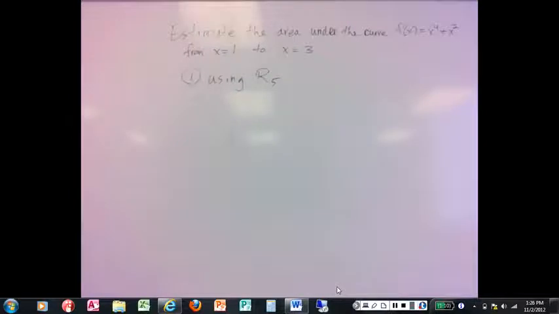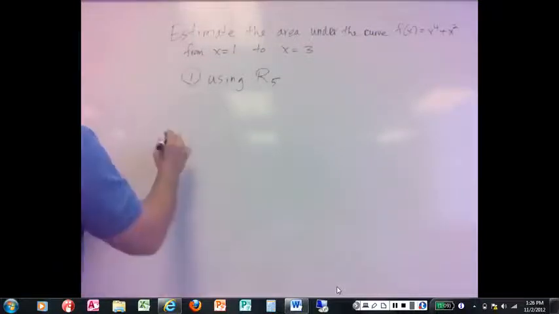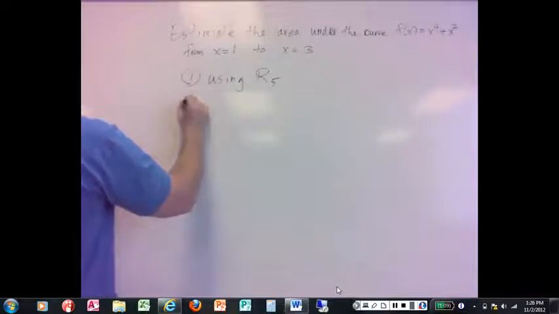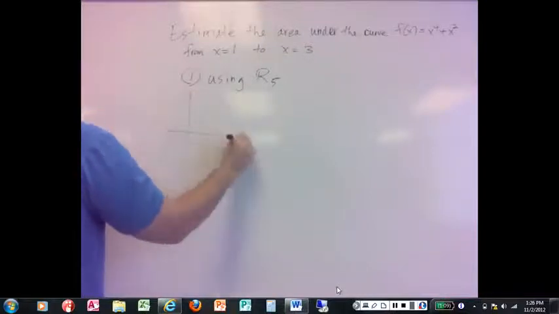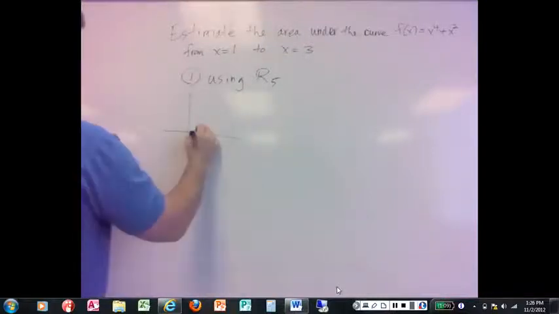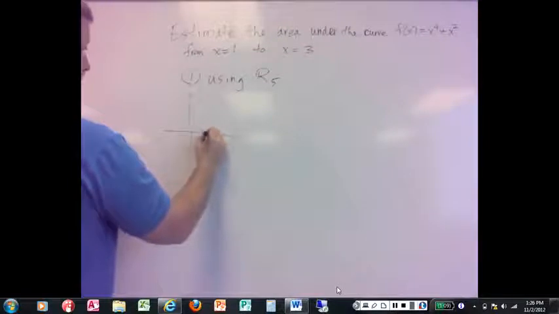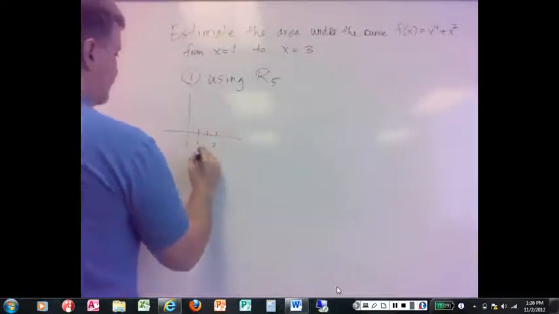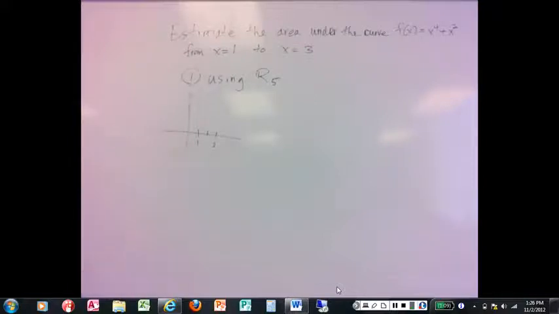One to 3, x to the fourth, let's see what that looks like. X to the fourth plus x squared, what does that look like? Okay, well, it's kind of like a parabola looking thing. But I'm only looking from 1 to 3. Oh, yeah. Which brings up another issue.